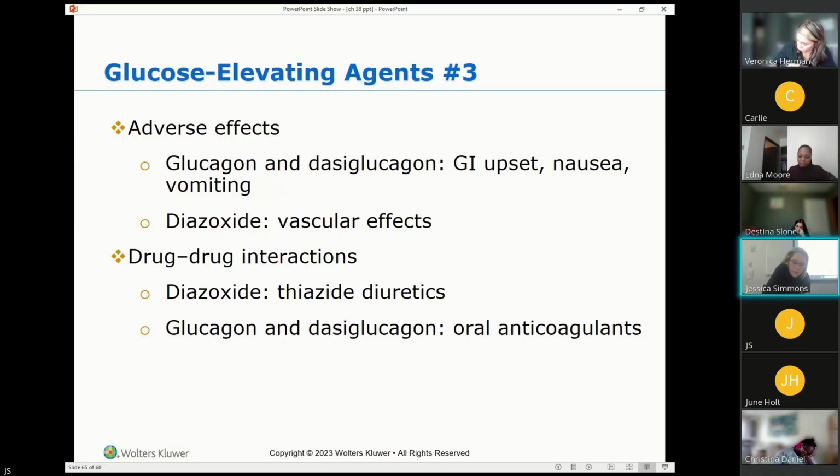These drugs are listed on page 669. Your most common one is glucagon. This can be given subcutaneous, IM, IV. It can also be given intranasal. And there are also glucagon-like tablets and gels.